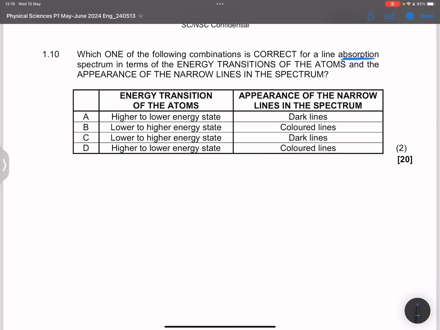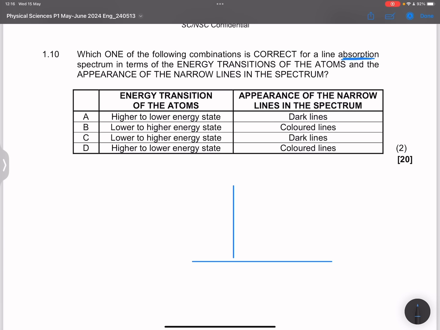So we know that in that case, in order for it to be absorption, we are moving from the lower energy levels to the higher ones so that they absorb energy. So lower to higher energy states, right?